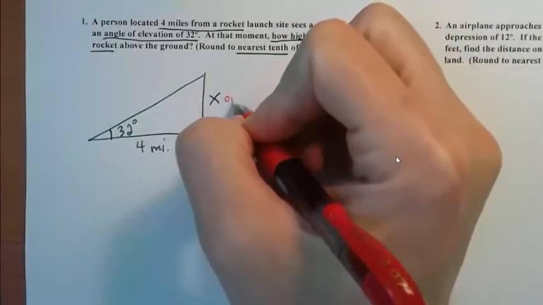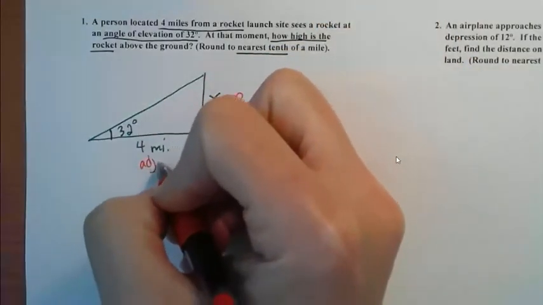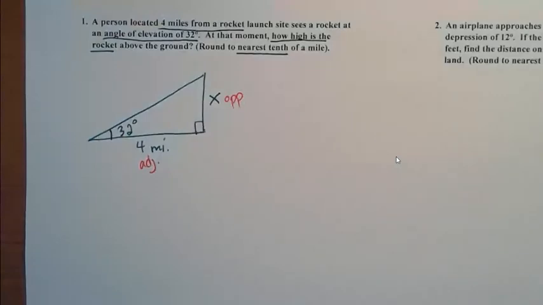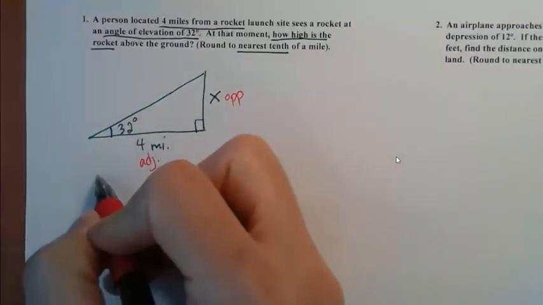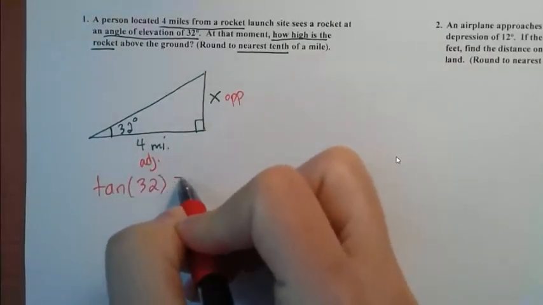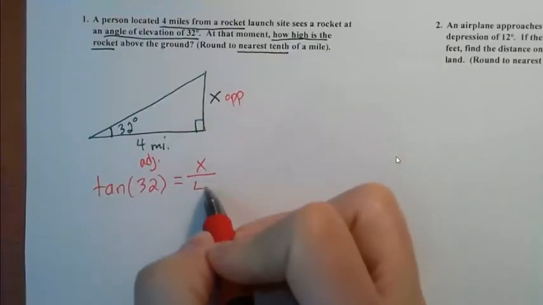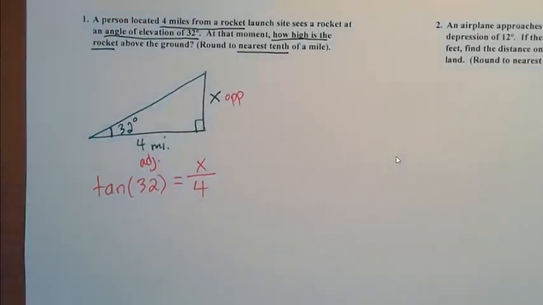The x is the opposite side, and the 4 is the adjacent side as our two important sides. That means that we're going to be using tangent. So I would set up my equation first as the tangent of 32 is equal to opposite, which is x, over adjacent, 4, and we have an equation set up.